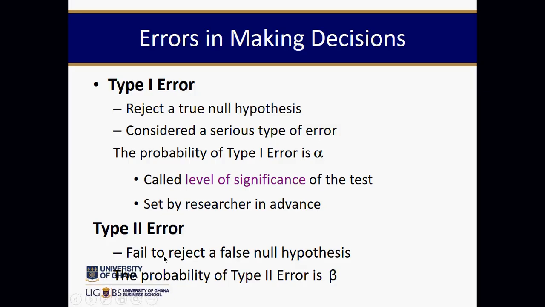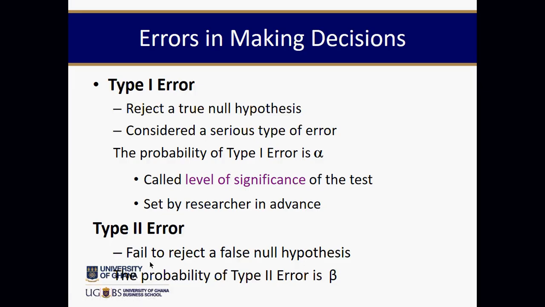We have type 2 error, which is when we fail to reject a false null hypothesis. Meaning that the alternative hypothesis is true, but we fail to recognize that it is true. That one is the type 2 error.